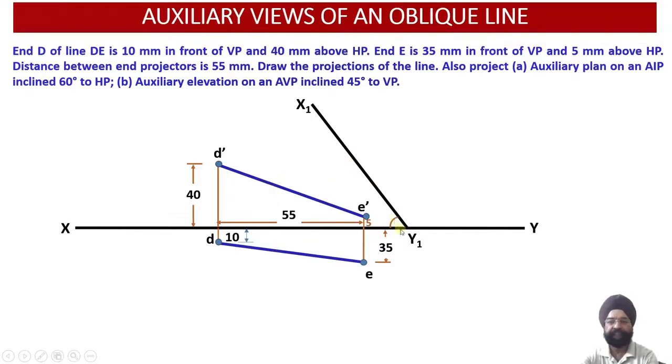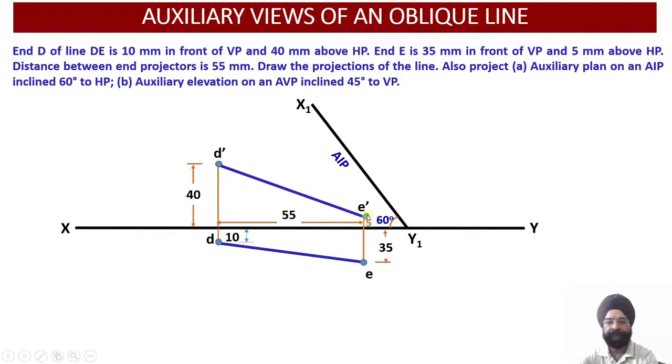But what happens if the observer is looking at this line through AIP at an angle of 60 degree? How much length of the line will be visible, will be apparent to the observer? This part we want to know in this particular question. So once again, we have drawn an AIP at the given angle, assuming that the observer is looking at this line from this orientation.